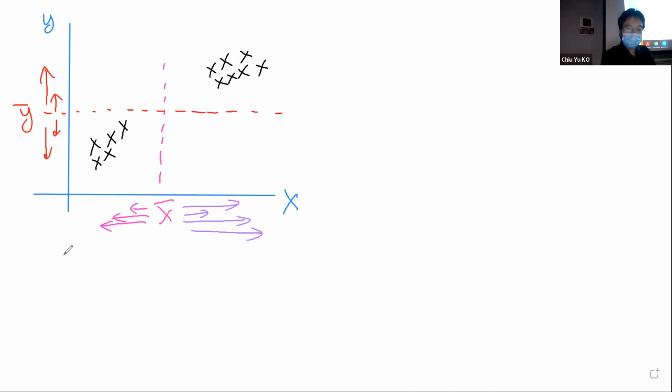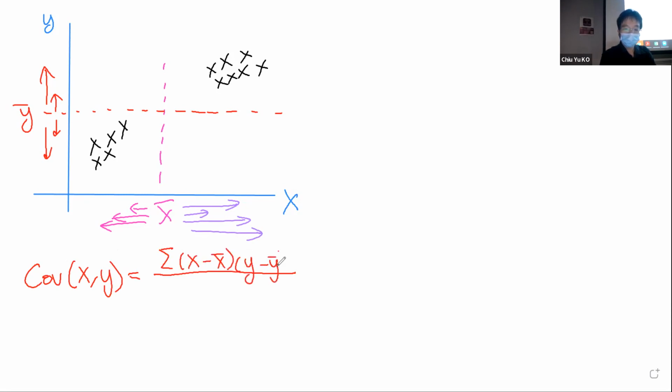The covariance measures, let's copy it here, as in your slide. You calculate every observation. Let's pick one observation, this green observation.